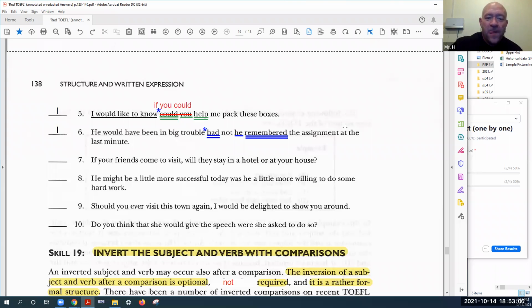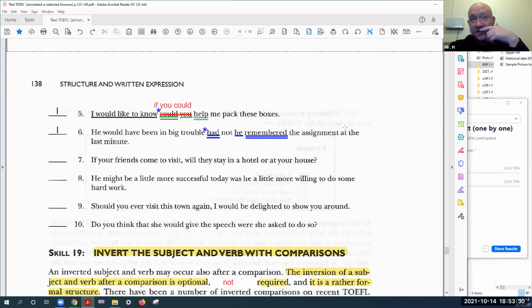Anybody? Return had to remember and put if. Is it necessary to put the connector? Yes. You sure? What do you think, Osama? What's your opinion? What's the question? How can we fix this?